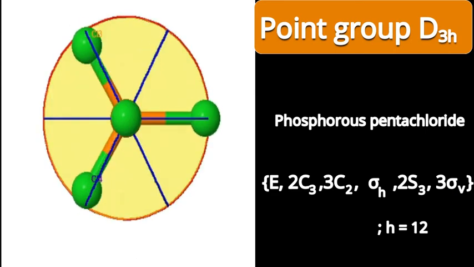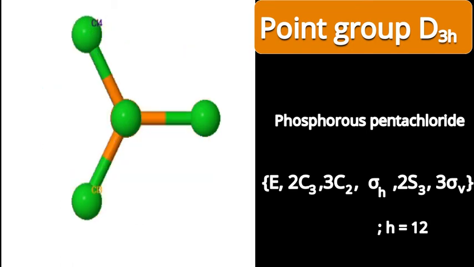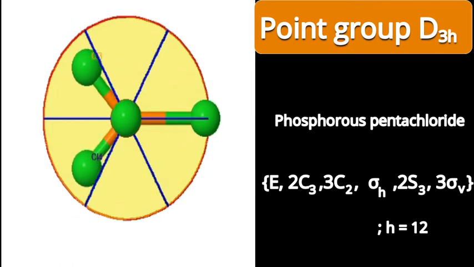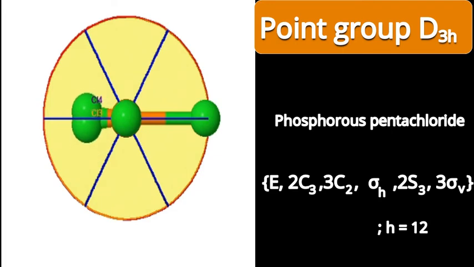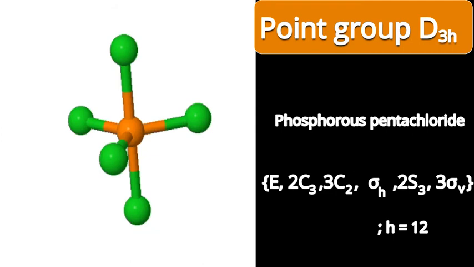Overall, identity, 2C3, 3C2, sigma H, 2S3 and 3 sigma V, total 12 operations are possible for this PCl5 molecule. So I can write here h is equal to 12. This is our D3H point group.